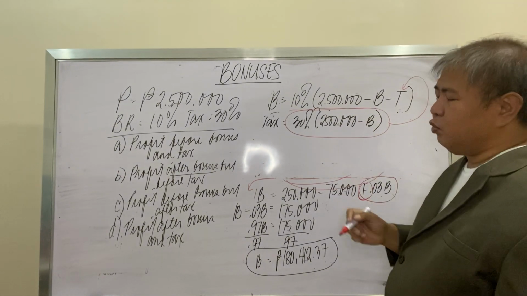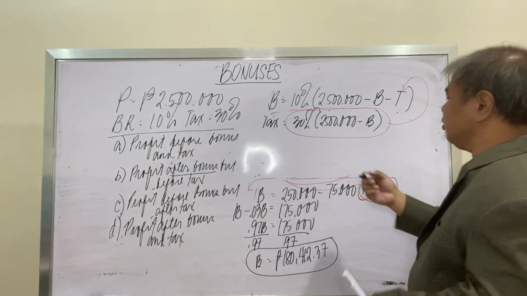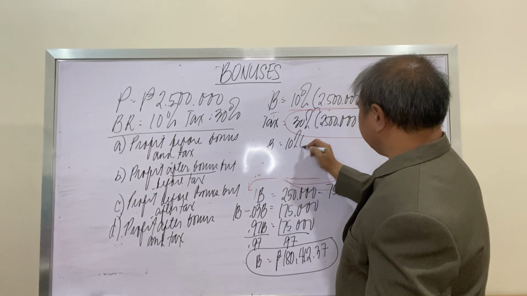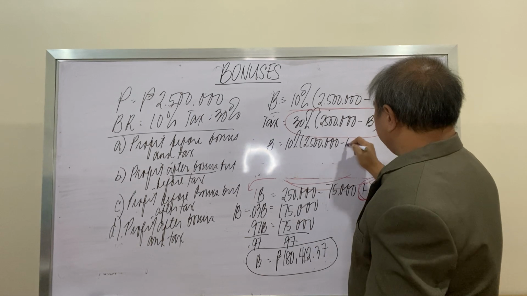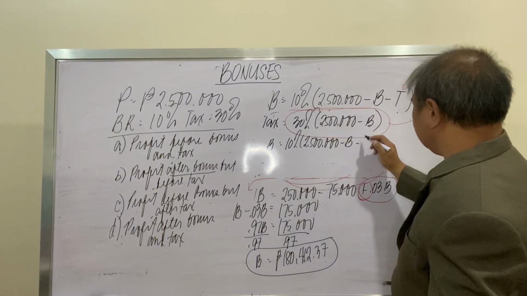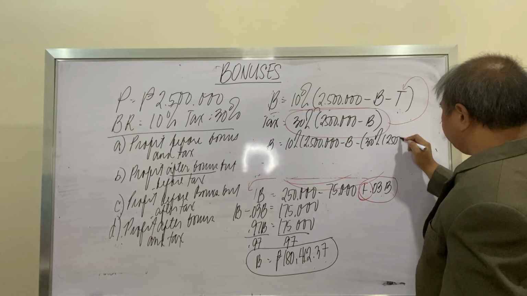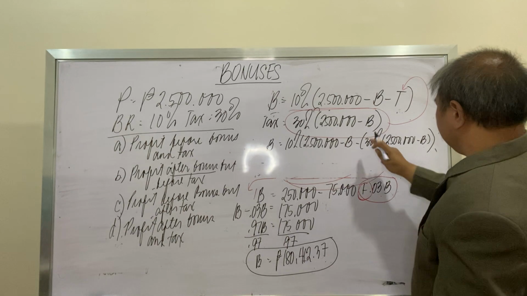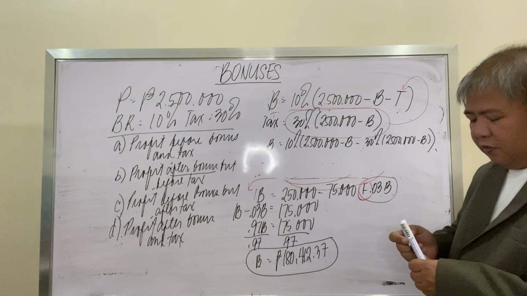With that, we will be left with just one variable, which is B. So therefore, let's have it. So B is equal to 10% of 2,500,000 minus B minus 30% of 2.5 million minus B. Okay, so this will be our formula.